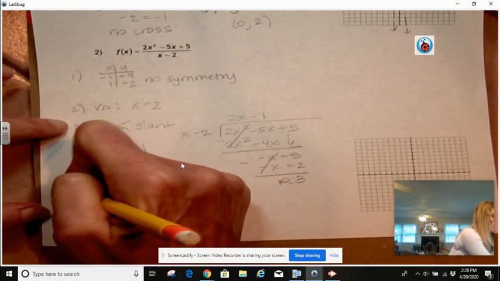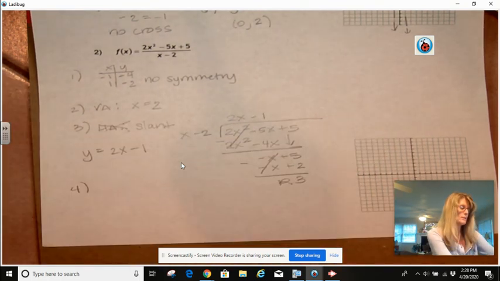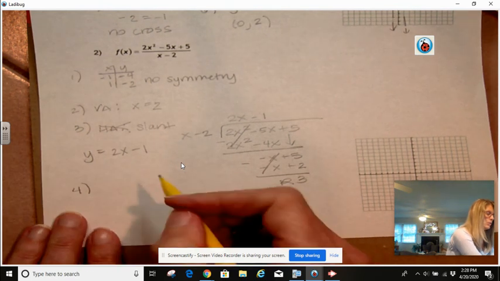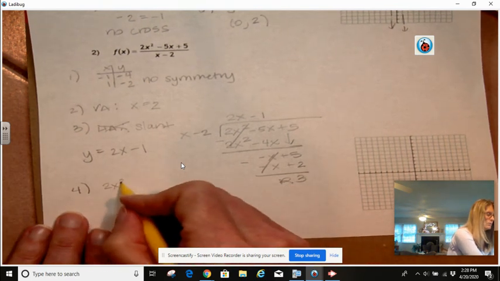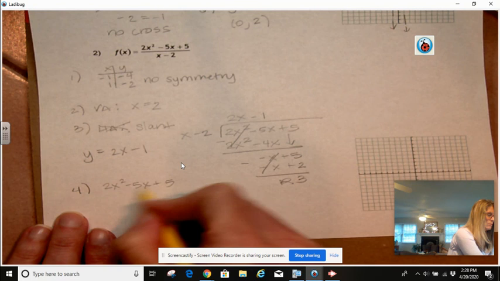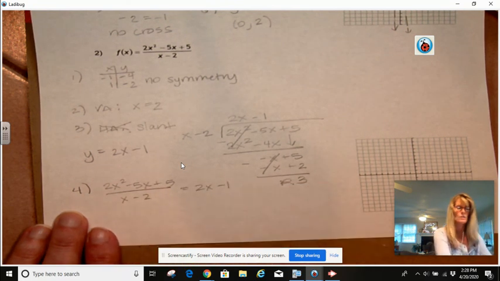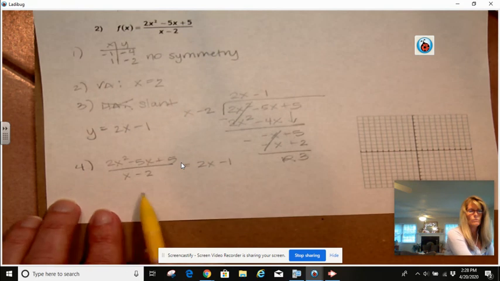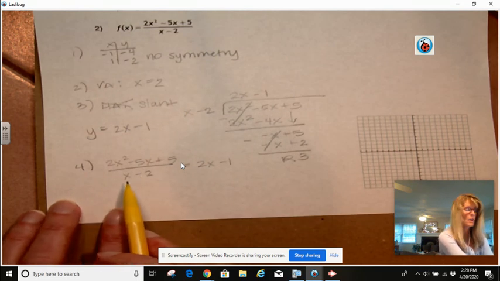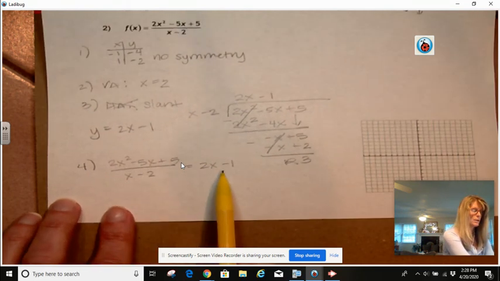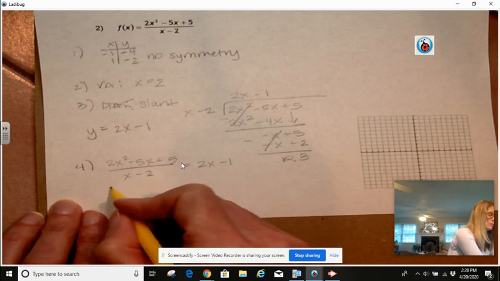All right, step 4, we want to see if that slant asymptote gets crossed. So we set our function equal to the slant asymptote and solve. So here we would multiply both sides by the denominator. So we need to FOIL 2x minus 1 times x minus 2.